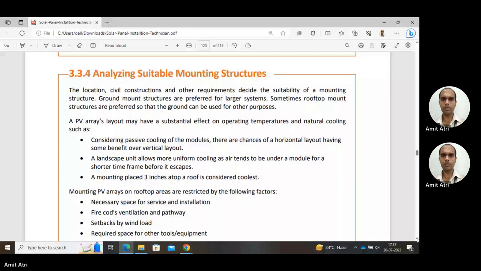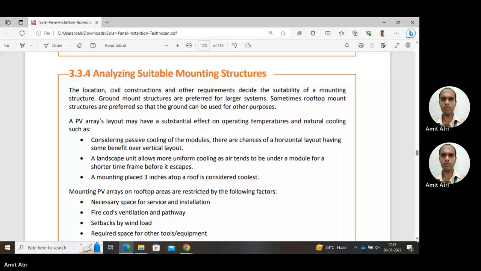After that, if the temperature increases, the electricity generated will start reducing. So cooling is needed. Normal air cooling is also suitable. There should be space between the mounting structure or the roof and the panel. We are considering passive cooling of the module, one type of passive cooling by natural air.